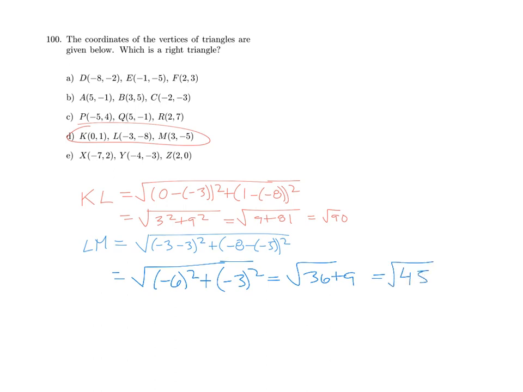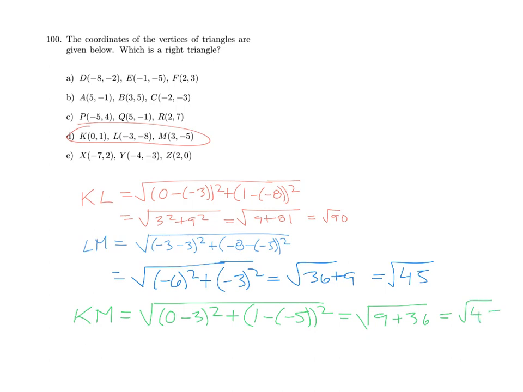All right, then I have KM. So I have the square root of 0 minus 3 squared plus 1 minus negative 5 squared is equal to negative 3 squared, which is 9, and then 1 minus negative 5, which is 6, and that's square root of 45.